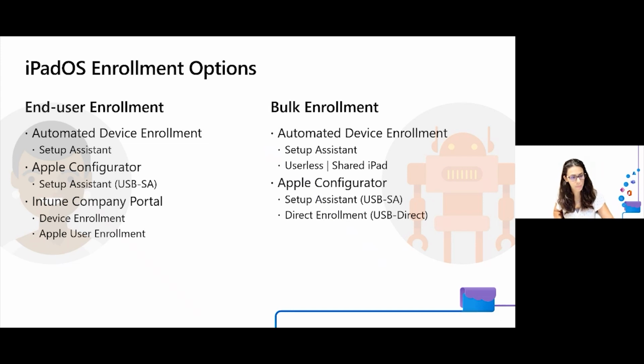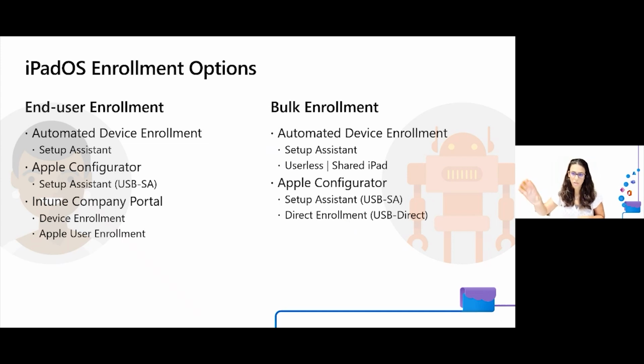You can leverage Apple Configurator with Setup Assistant, or you can manually install the company portal and log in from there. With this last one, again, the device would be showing up in the portal as a personal device. So it's only suitable if you are allowing students to bring devices to the platform.